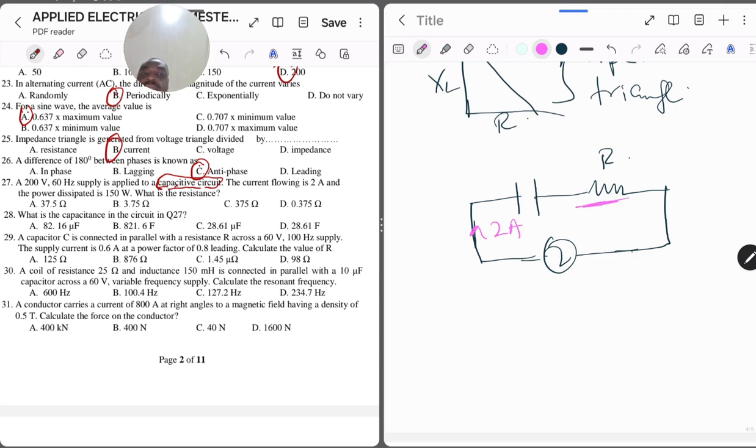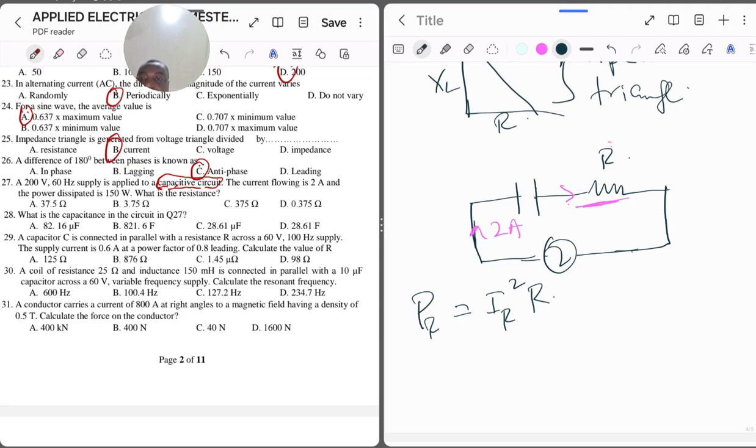You know the formula: power dissipated by a resistor is the current passing through the resistor squared times its resistance.